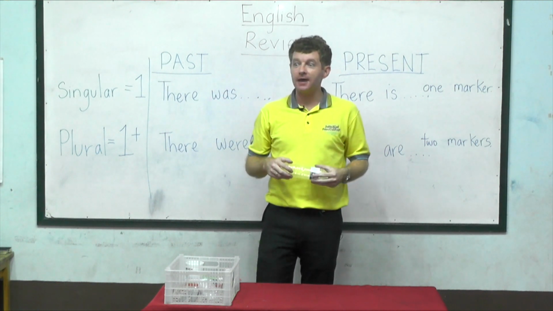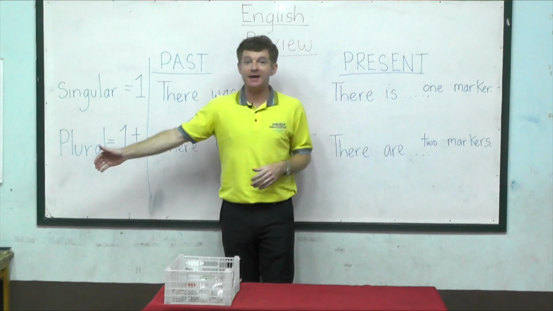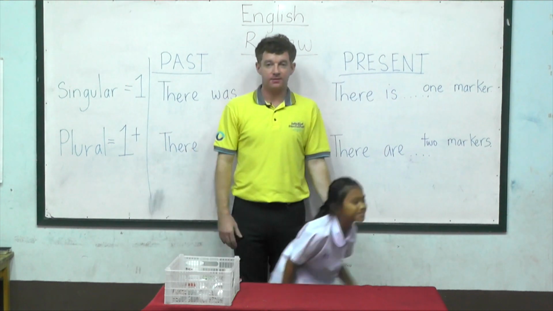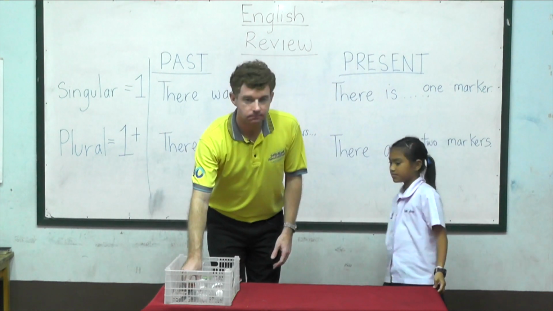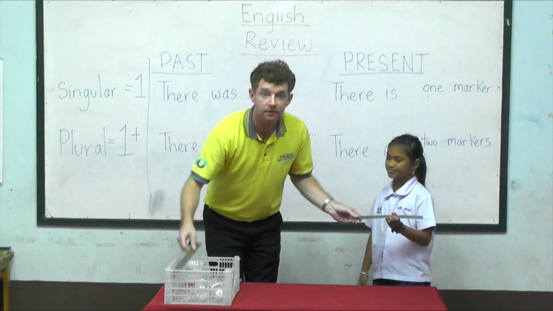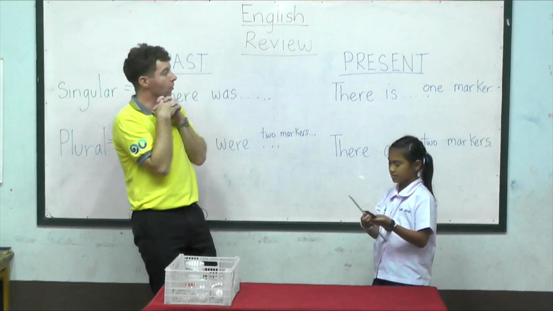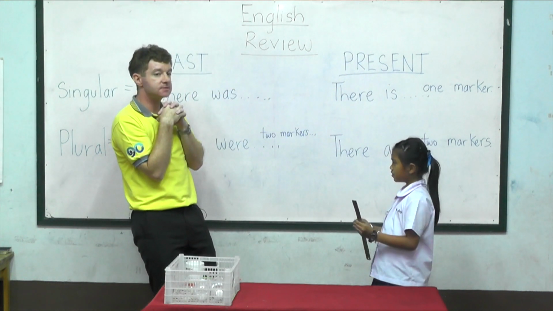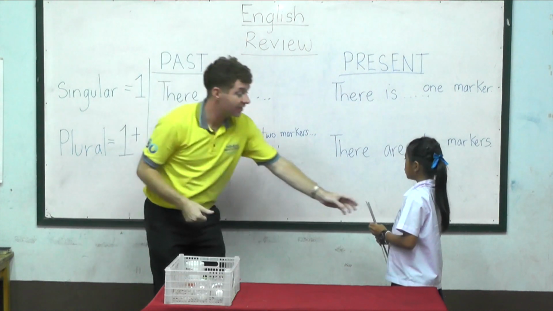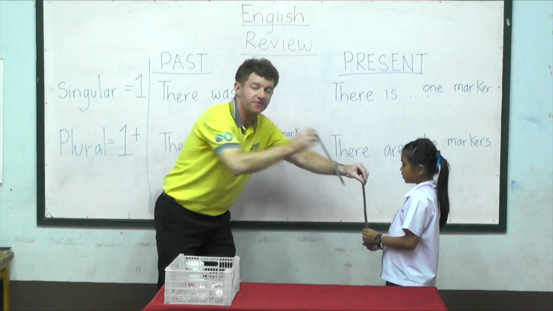And now it's the turn of Pak Bung. Pak Bung, please come and join me. Let's see what item Pak Bung will have and how many. Okay, you can stand here for me. Thank you. So let's see, Pak Bung will get 1 ruler, 2 rulers. So, present tense, what do we say, guys? There are 2 rulers. But wait a minute, I take 1 away.